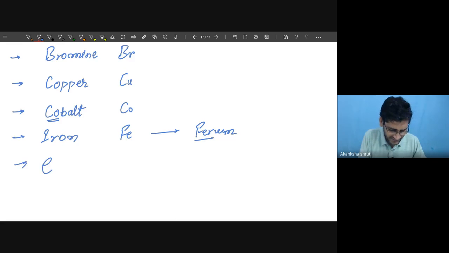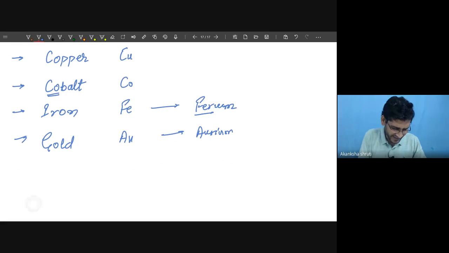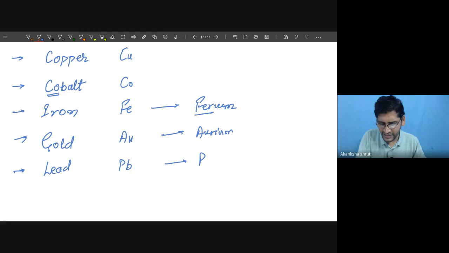Gold, denoted by Au, based on their Latin name, aureum. Another, lead, denoted by Pb, based on their Latin name, plumbum.